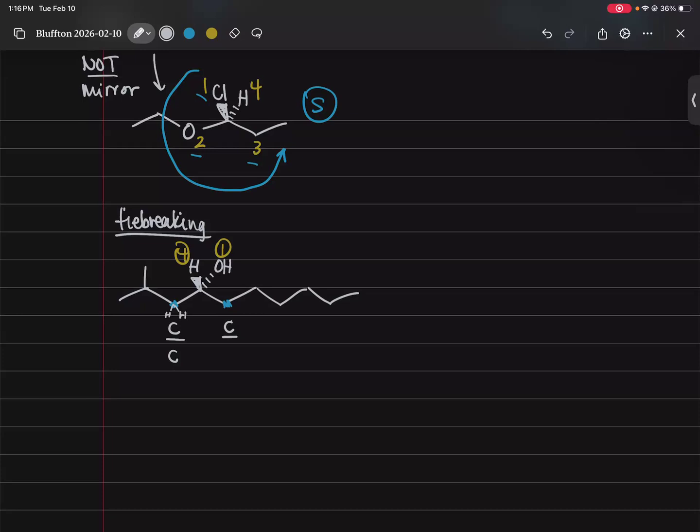So CHH. And on the right one, we actually have the same thing. We have a carbon, the next carbon in the chain, and it also has two hydrogens.